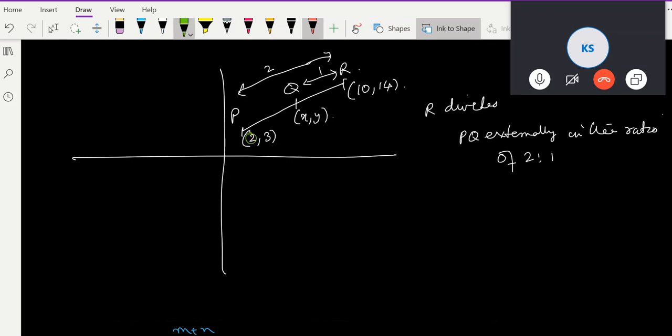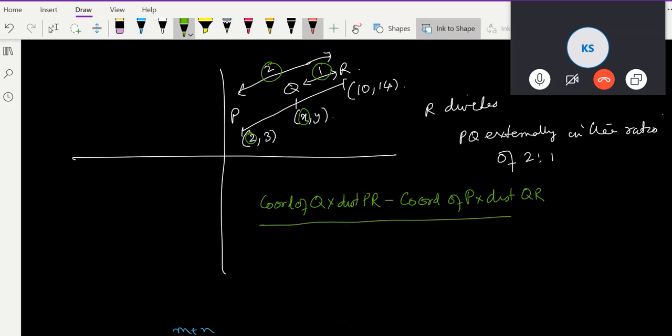So the coordinate of P multiplied by the distance QR will get subtracted from the coordinate of Q, which is x, coordinate of Q multiplied by the distance of PR, divided by the distance PQ.